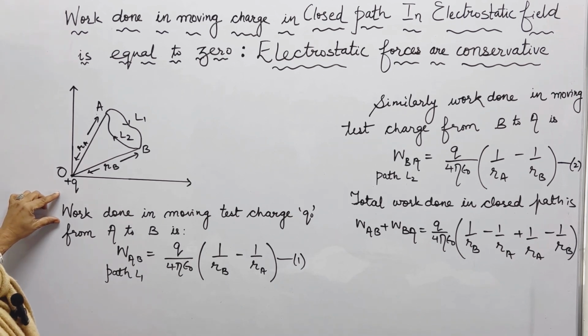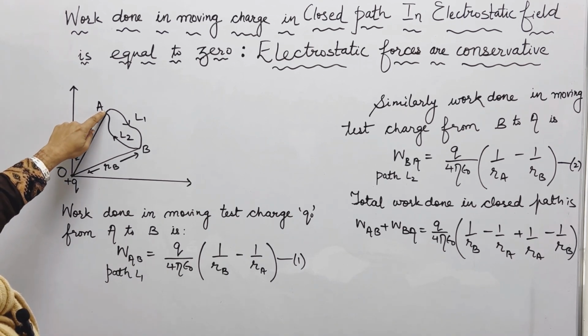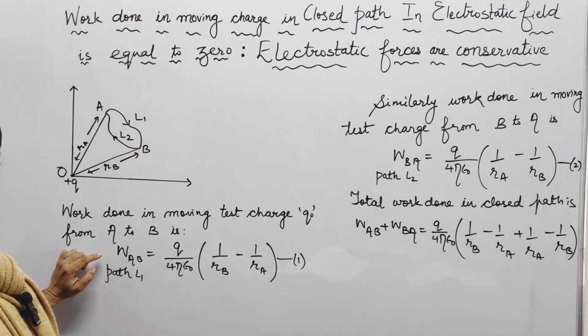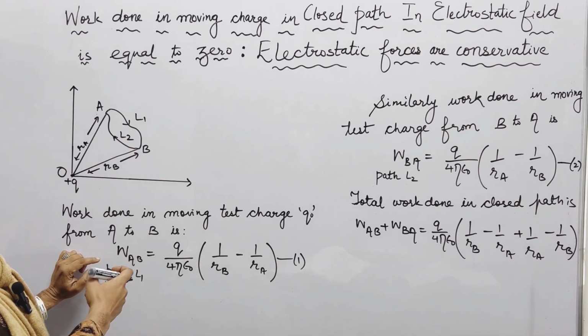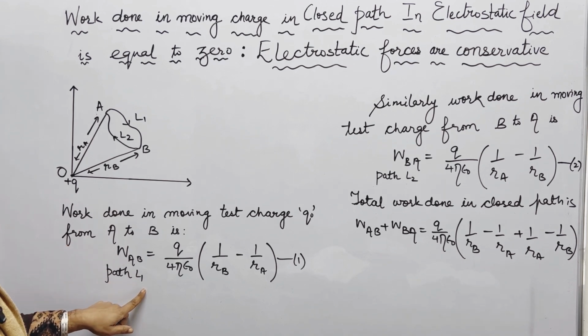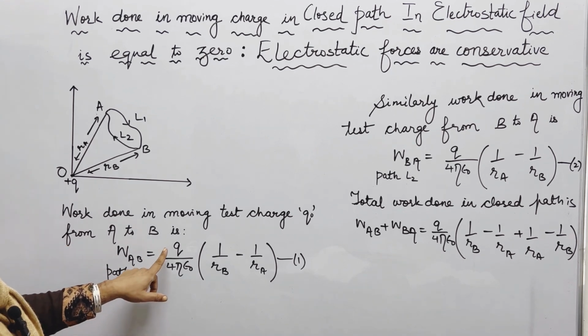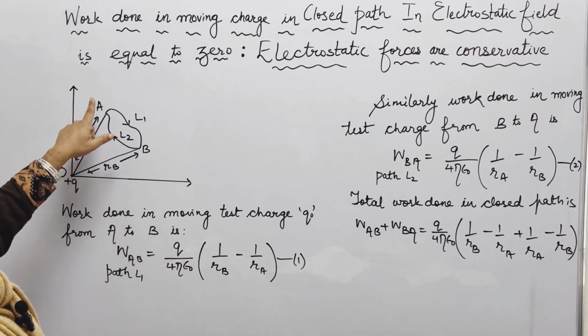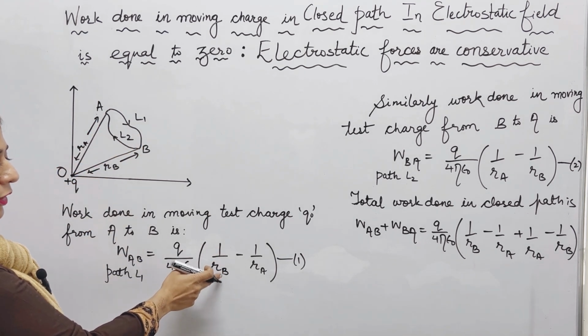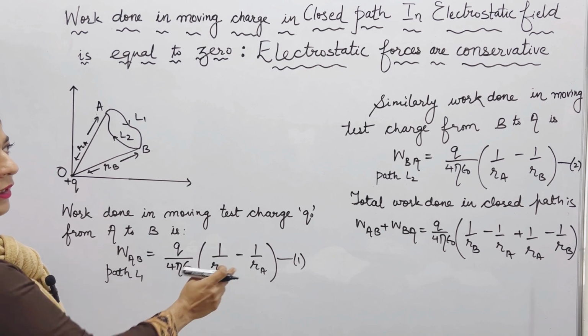Now, the work done in moving the test charge q naught from point A to B, I have already proved this expression. So work done along path L1 is given by Q by 4 pi epsilon naught from point A to B, and on putting the limits, 1 upon RB minus 1 by RA.